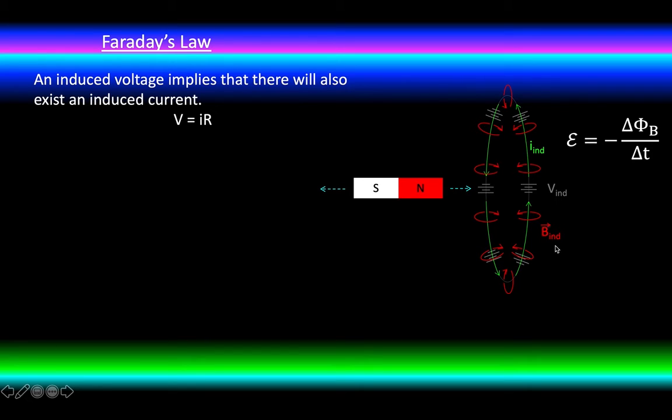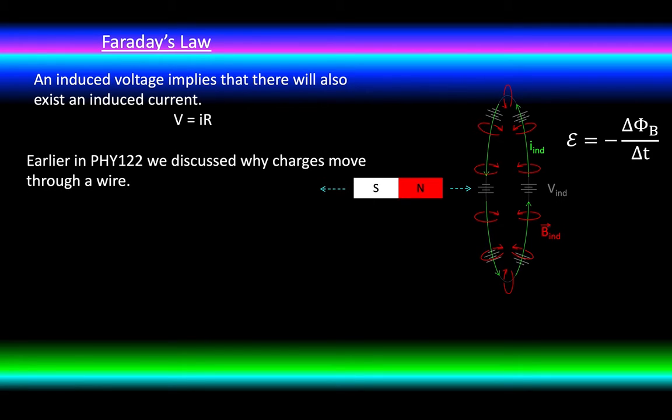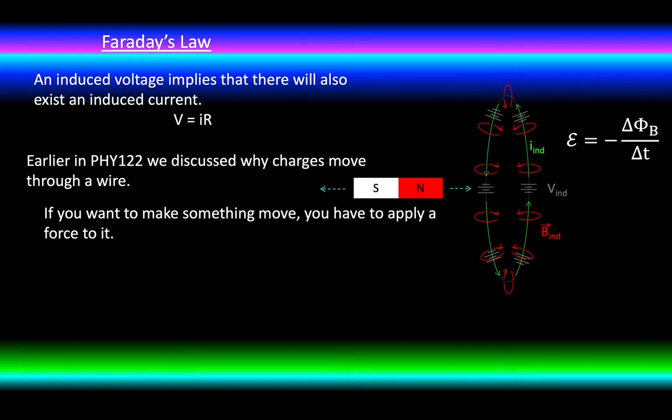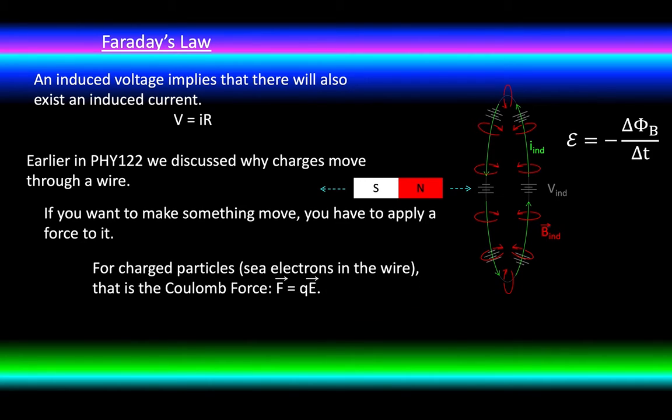magnetic field as well. Now, earlier in 122 also, we discussed why charges move through a wire on the microscopic scale. If you want to get anything to move, you have to give it a push. So charges move because we set up an electric field and the charges see that electric field and they feel a Coulomb force, so they react to that electric field and move around in the wire.